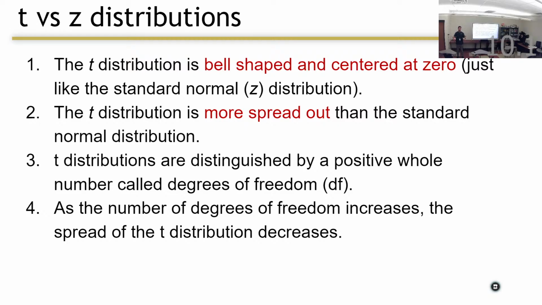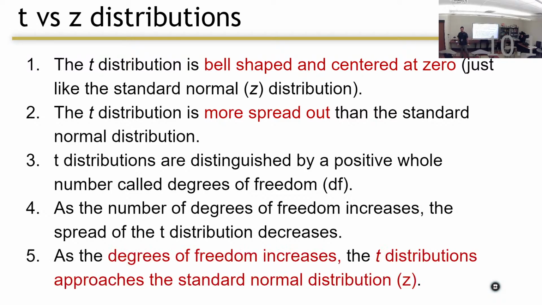Well, that's kind of nice because it goes along with what you already know about sample sizes, right? As sample size increases, the sampling distribution spread starts decreasing. And eventually, if you get a big enough degree of freedom, the T will look like a Z.